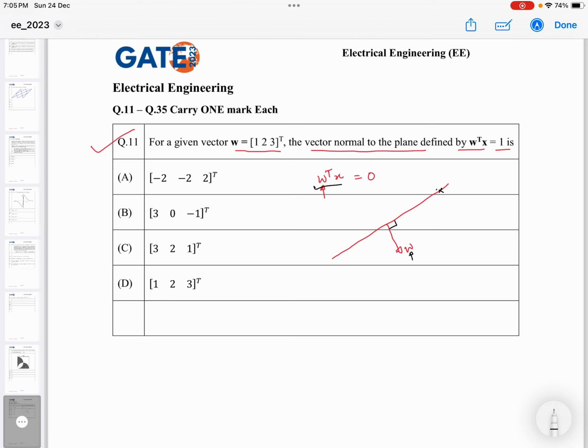So this is what it is defining. You can pick any point here and take the dot product. And the point is that this plane is passing through the origin, right?